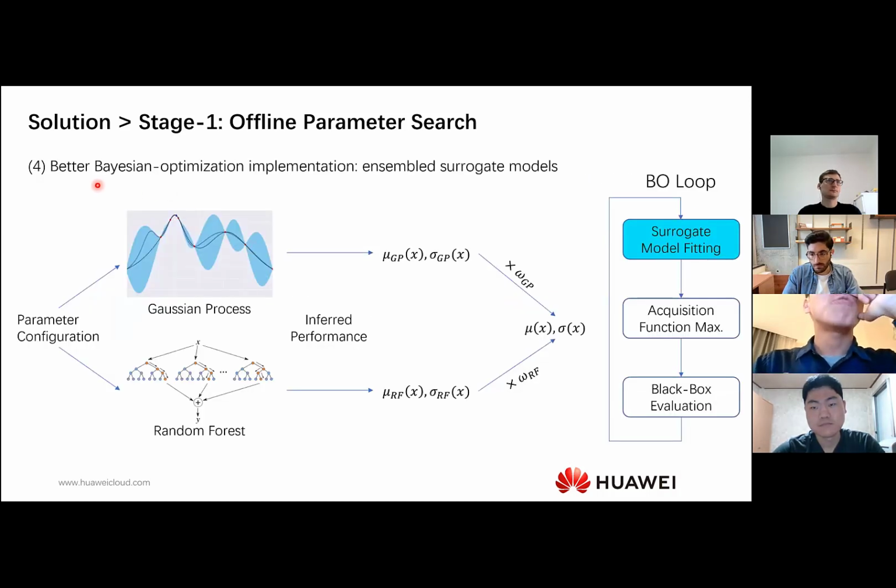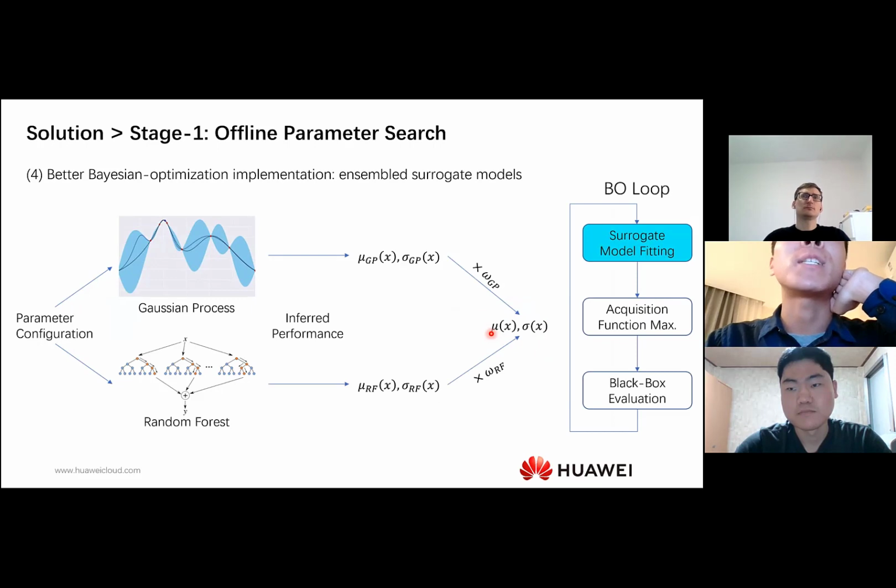And finally, we realize a better BO implementation based on the idea of ensemble learning. In the step of surrogate model fitting, we use both the GP and RF models to evaluate the mathematical expectation and variance of an unobserved point.